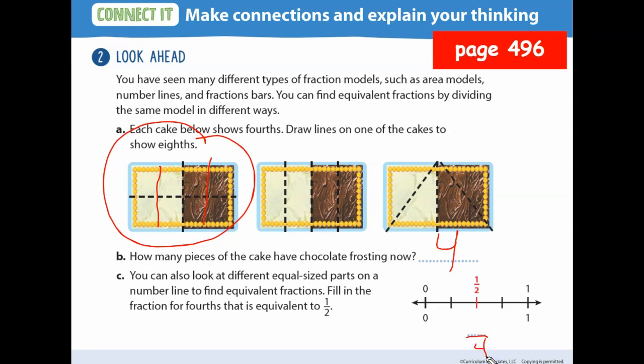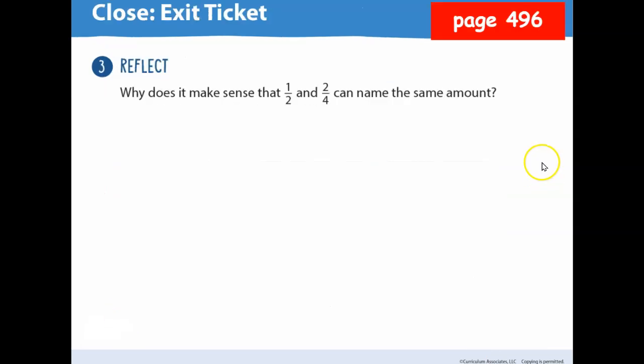What's my numerator? Look at your number line. Hop from 0 to a half. How many? 2. So 1/2 is equal to how many fourths? 2 fourths. That's it.